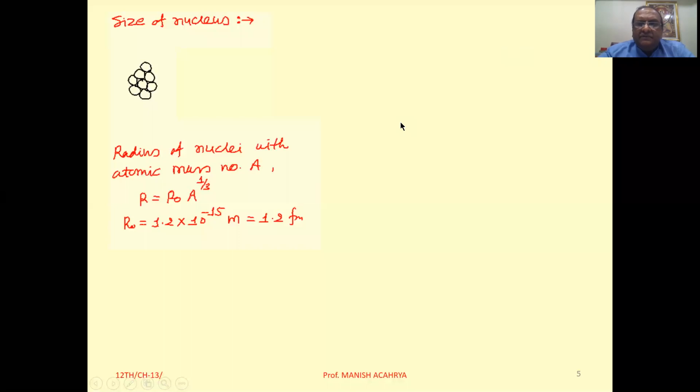Then after, the size of the nucleus. See, no doubt, in the last chapter we discussed this. The radius of the nuclei is of the order of 10^-14 to 10^-15 meter, with the help of the experiment of alpha scattering by gold foil.